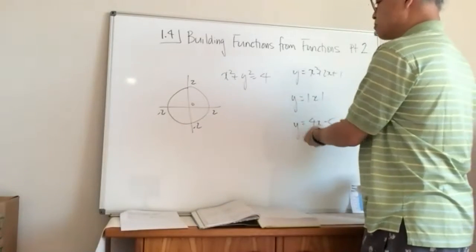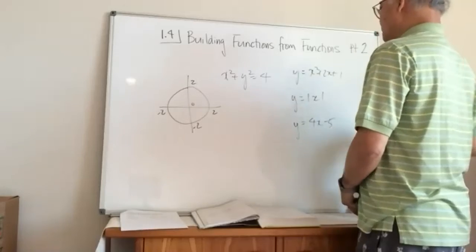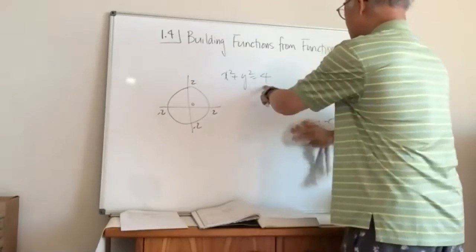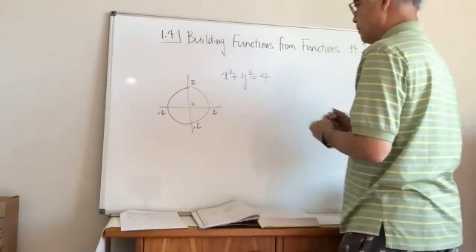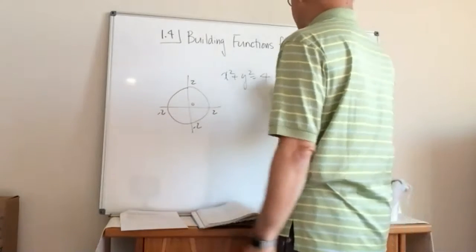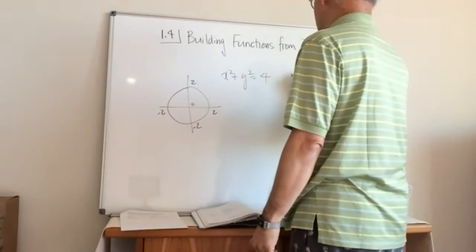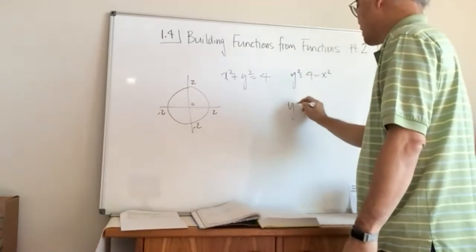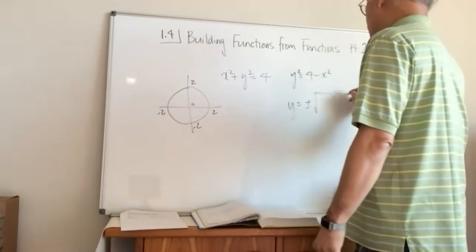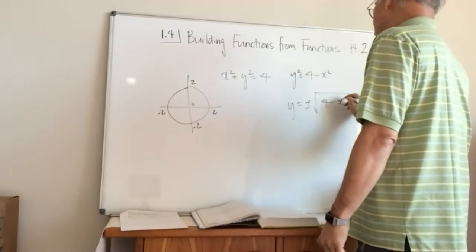Whereas here, if you wanted to solve for y, you have to do some work. It's not there for you, so you have to say y squared is equal to 4 minus x squared, so y is equal to plus or minus the square root of 4 minus x squared.